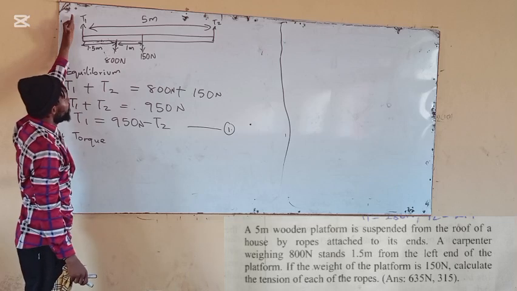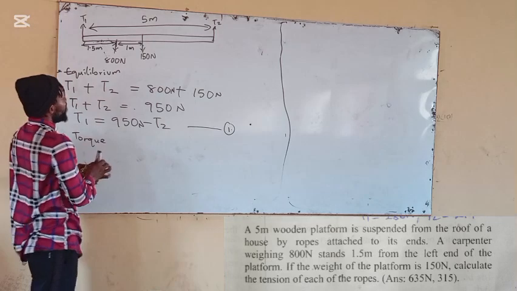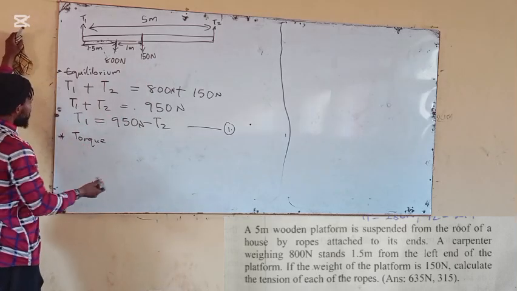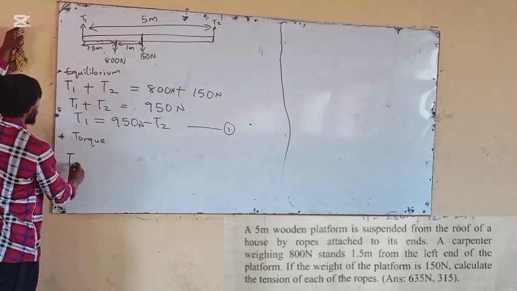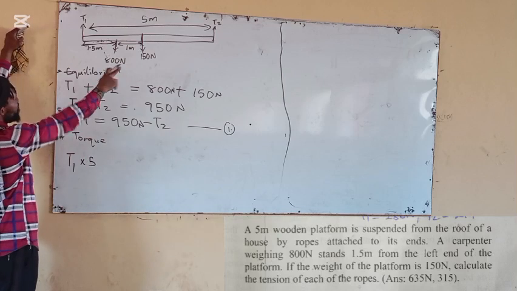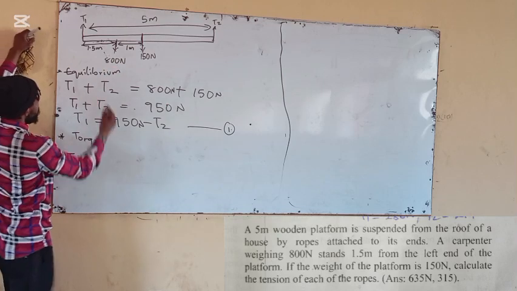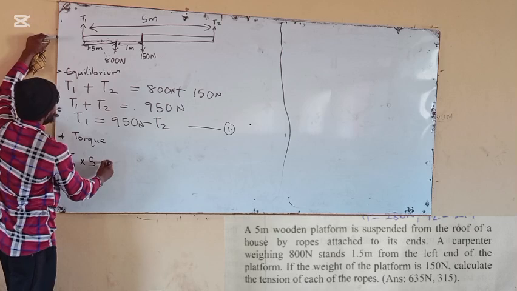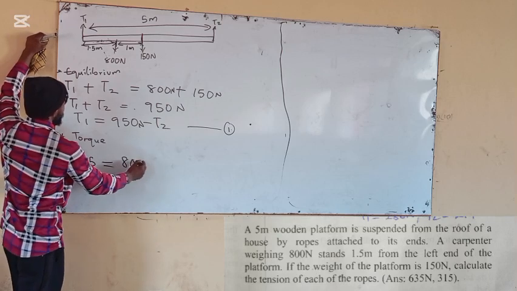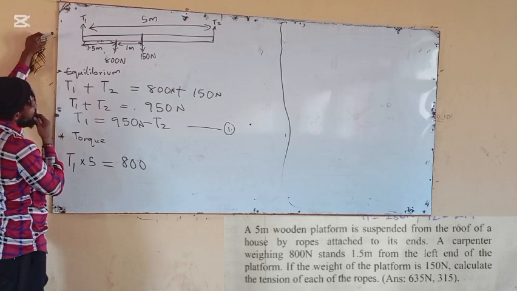Is it 5? Yes. Remember that there is weight here. That means I will have T1 times 5, minus or equals to 800. Am I right?